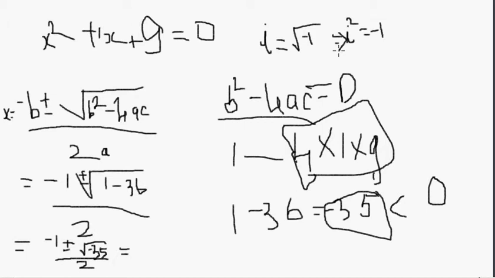Okay, anyway. So minus 1 plus minus, here it will be something like 35 into minus 1. You can see the negative sign, so we can write something like this: 35 into i square.